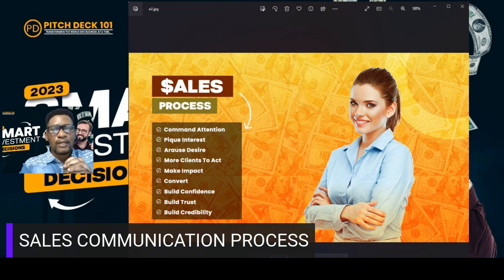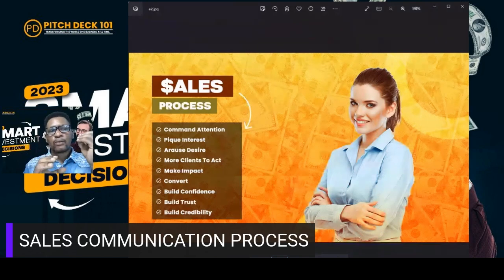But it is necessary for you to have some strategy, some system that is intentionally built out to grab attention, to command attention. Now, your ability to grab attention or command attention doesn't mean that you're piquing interest. So you also need to have a clear system that once you grab attention, you're able to instantly pique interest.